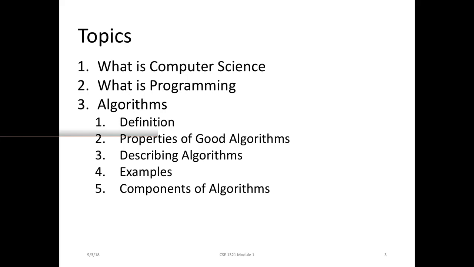We will understand what an algorithm is, what the properties of good algorithms are, how to describe an algorithm, how to write an algorithm, and I will give you an example. By the end of this class, you will see the components of an algorithm and you will be able to start your own algorithm.